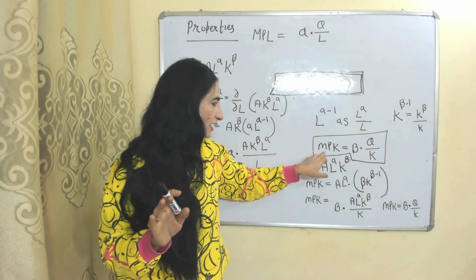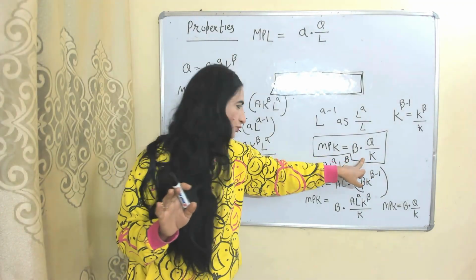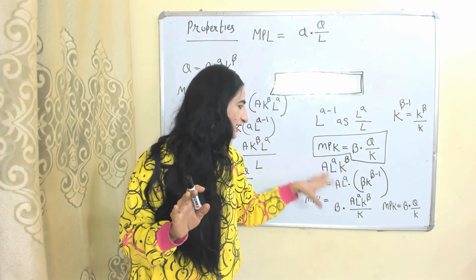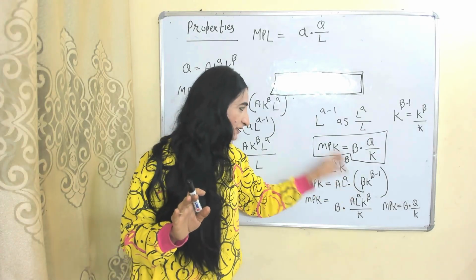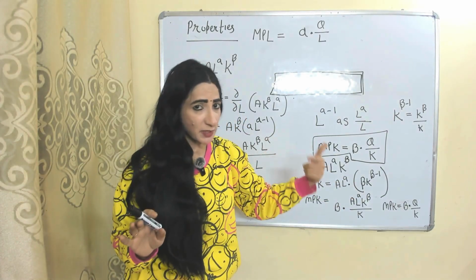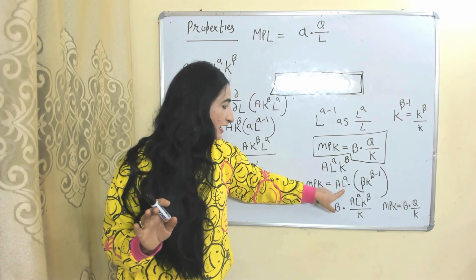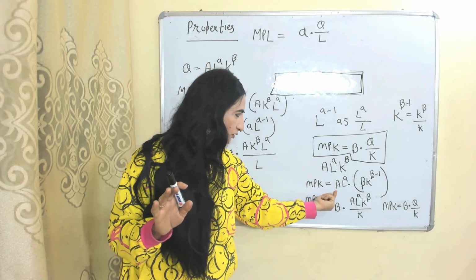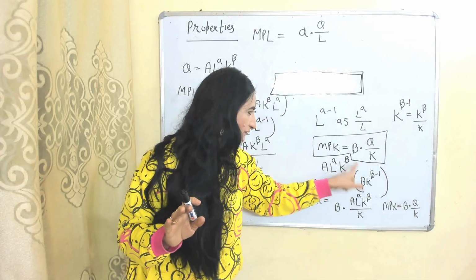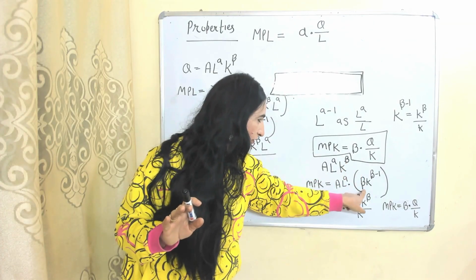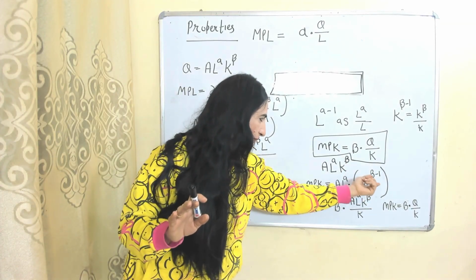Now we will see how marginal product of capital is equal to this one. Now we will do partial derivative with respect to capital. If we do partial derivative with respect to capital, then A L to the power alpha will come out and this power will come down and we subtract 1 from the power.